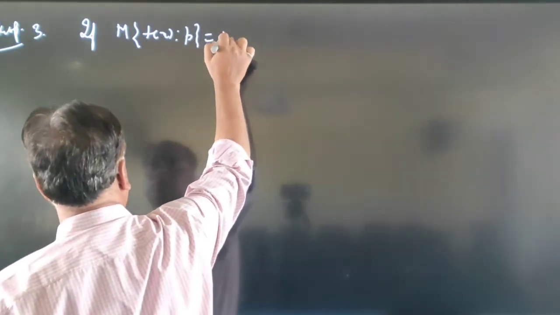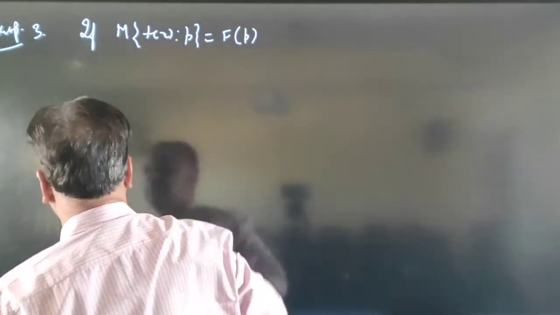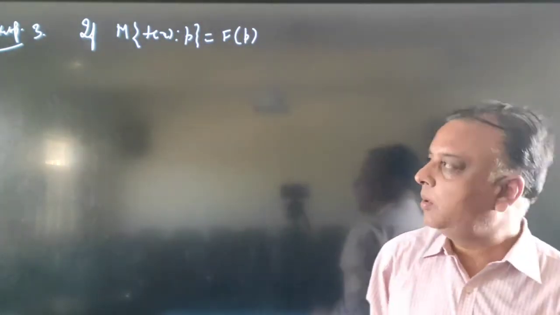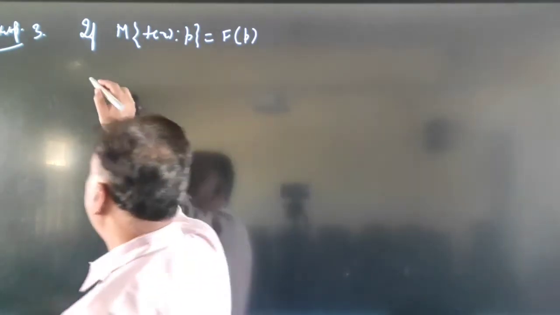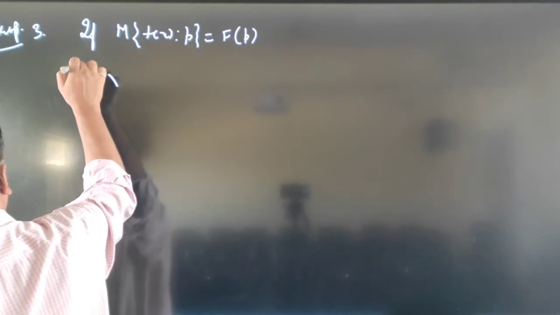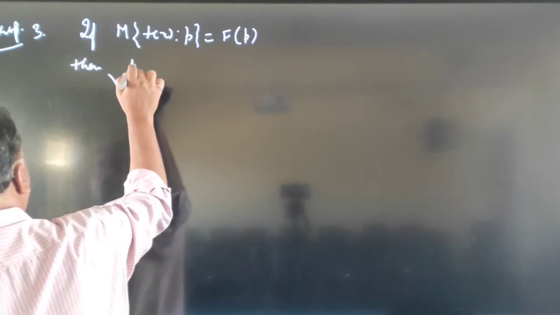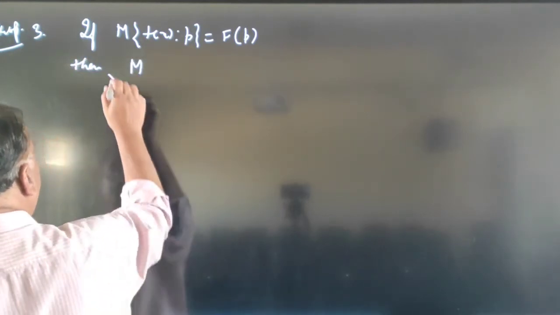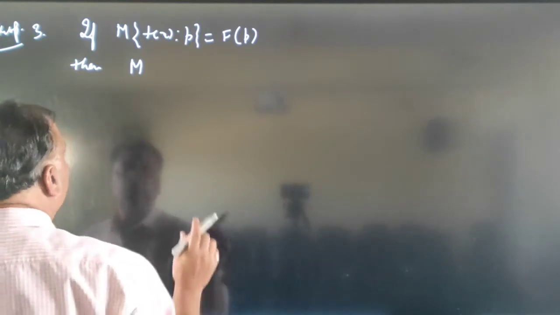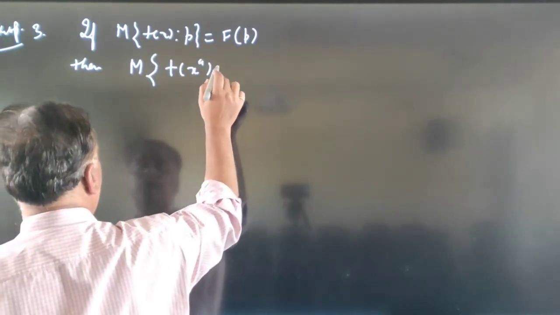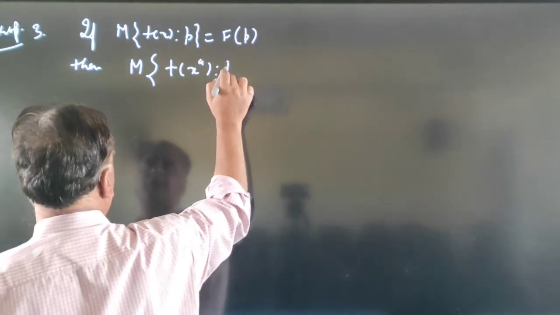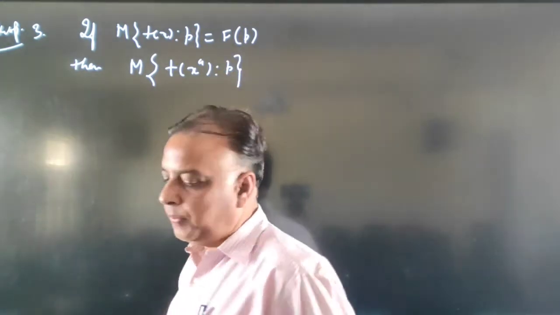if the Mellin transform of the function f(x) with parameter p is equal to F(p), then what is the Mellin transform of the function f(x raised to a) with respect to p?